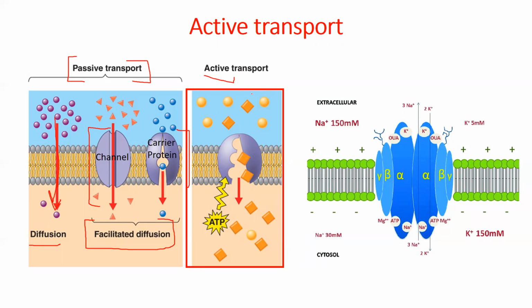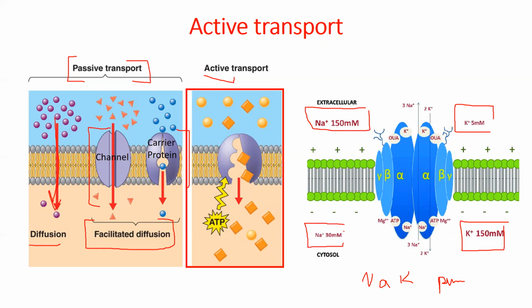And so active transport requires energy because it will move the molecules against their concentration gradient. And an example of this is the sodium-potassium pump, okay? Because with the sodium-potassium pump, we know that potassium is highly concentrated inside the cell in comparison to outside, while sodium is mainly concentrated outside compared to inside.